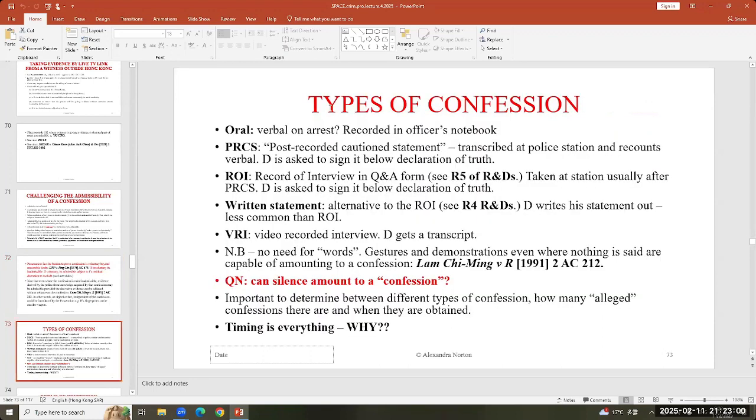Remember, we can have various different types of confession that are made. Silence, whether silence can amount to a confession or not, no, because the defendant has the right of silence. But when we come to think about the various different types of confessions and the police impropriety, remember the timing is key. Because in order for the police misconduct to have affected the admissibility of a confession, it has to be either before the confession or at the time the confession is made.